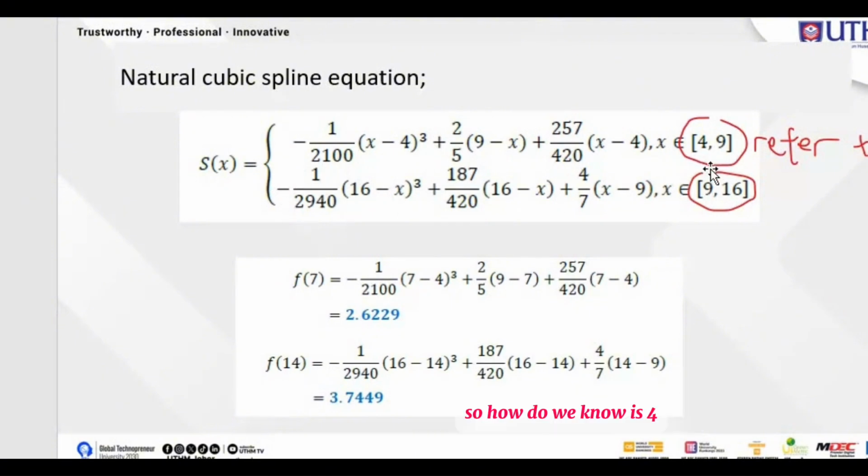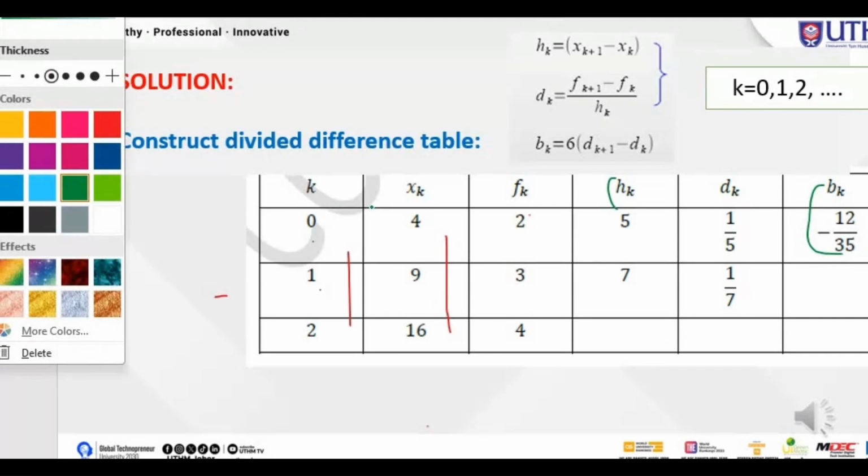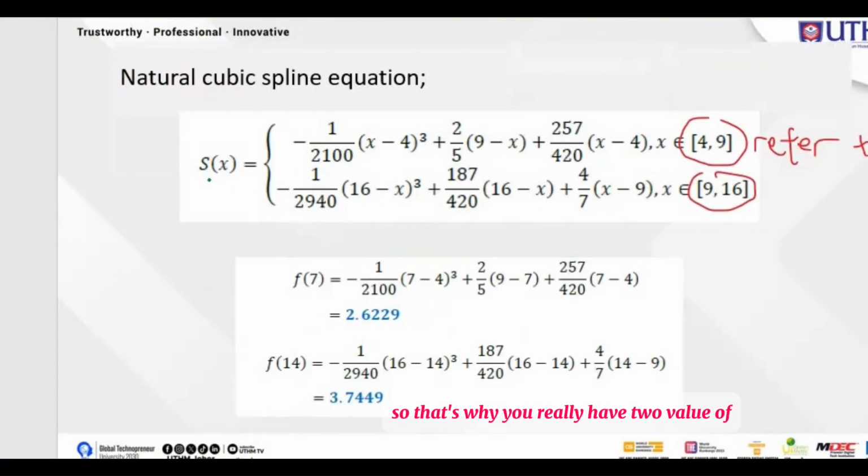So how do we know it's 4, 9 and 9, 16? It is referring to the question just now. We have 4, 9, 16. So that's why you will have two S of K. First, between 4 and 9, and another one between 9 to 16. So that's why you will have two spline equations.